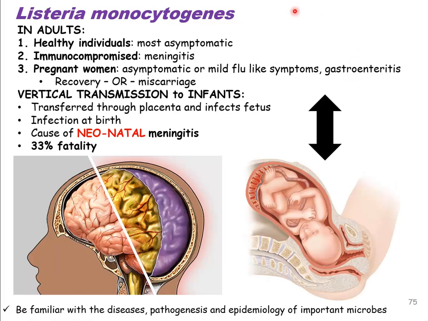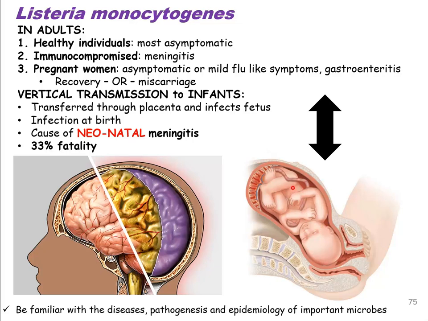So in most people, you can ingest this and it's going to be asymptomatic, so nothing's going to happen. If someone is immunocompromised or if a woman is pregnant, this can cross the placenta. So not very many things can, but this is a case of vertical transmission. So it infects the fetus in utero.